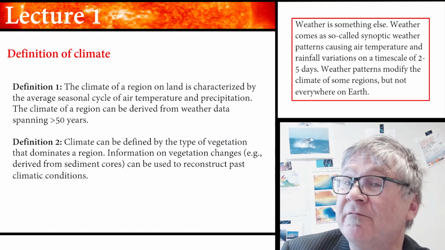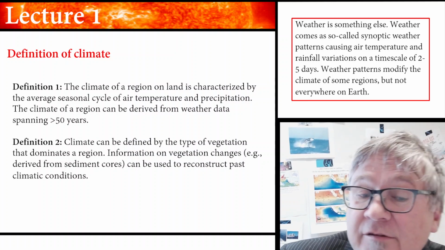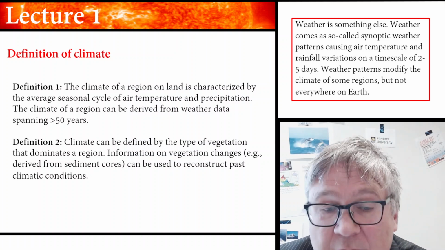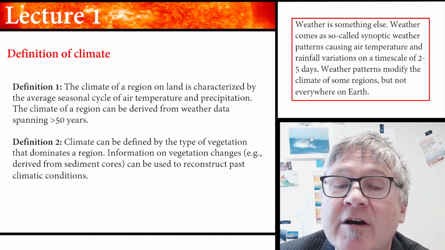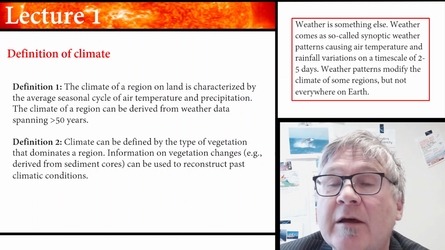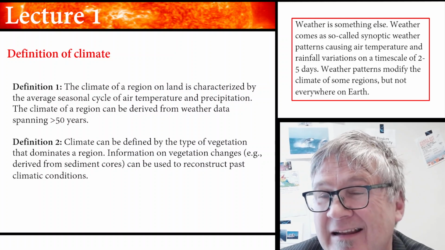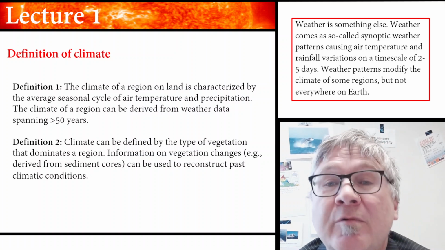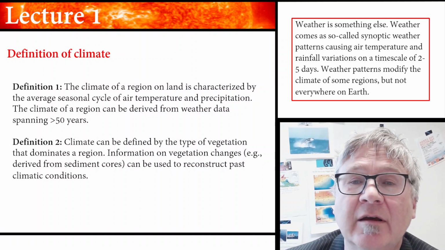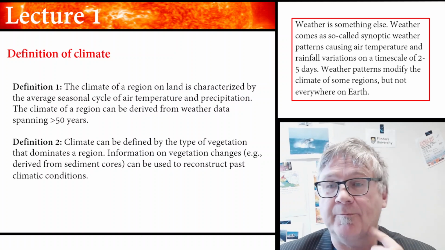Information on vegetation changes, for example derived from sediment cores, can be used to reconstruct past climatic conditions. That's already a little hint on how we can reconstruct past climatic conditions.